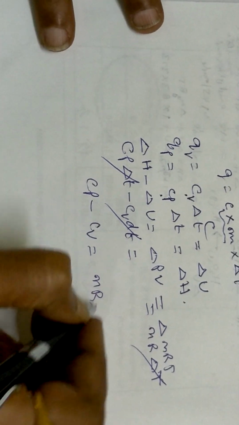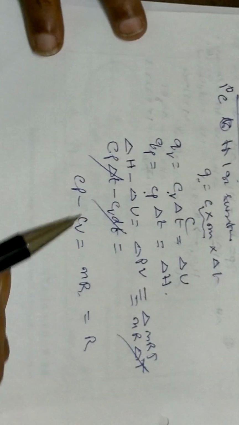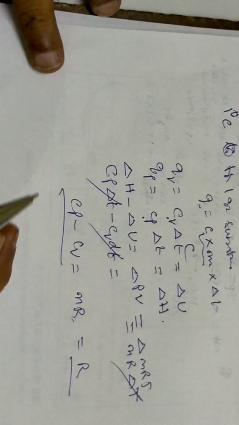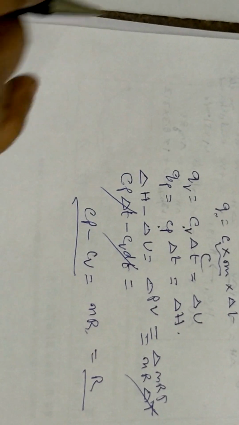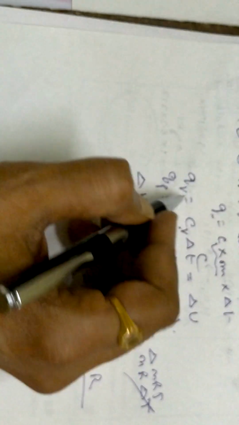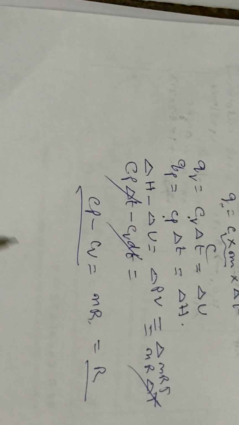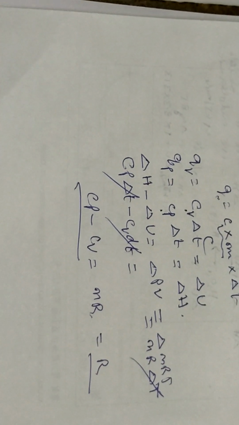For 1 mole, Cp minus Cv equals R. This is the most important relation between Cp and Cv. Indirectly, it is delta H minus delta U equal to R.